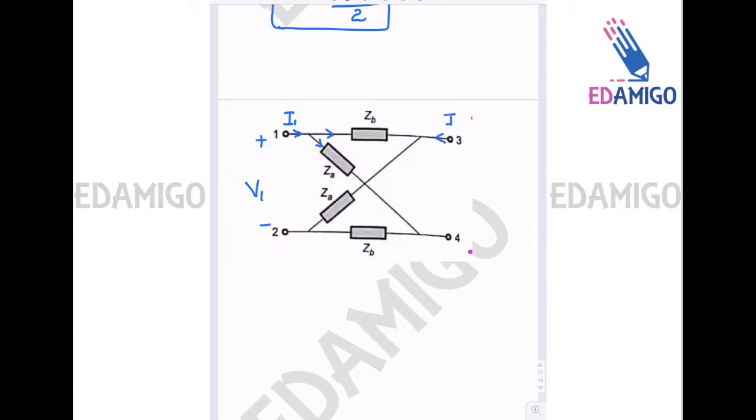I2 is the current here. Now current in this loop was I. Current here was I1 minus I. Current in this branch was I1 plus I2 minus I. Okay, this was A, this was B, this was C, this was D.